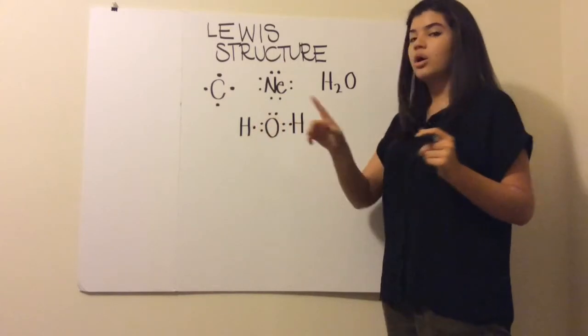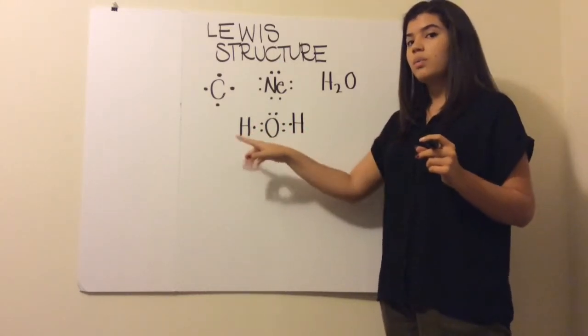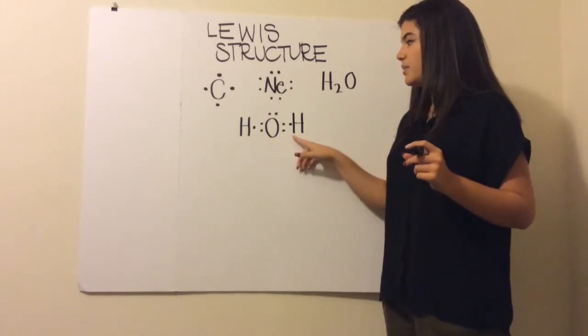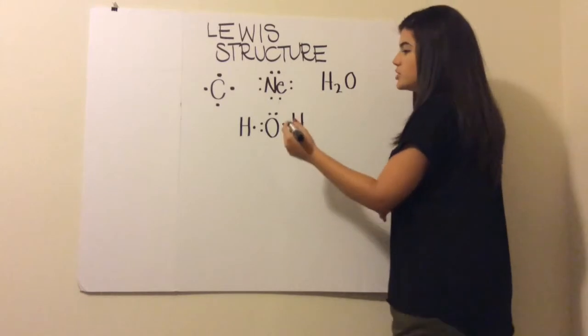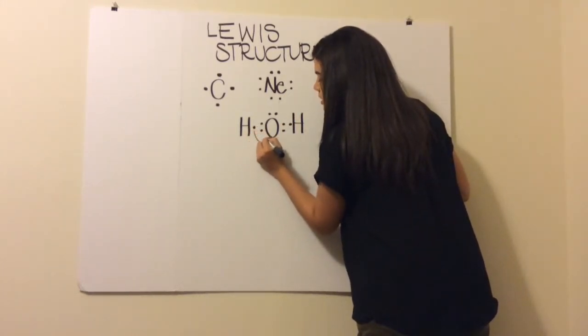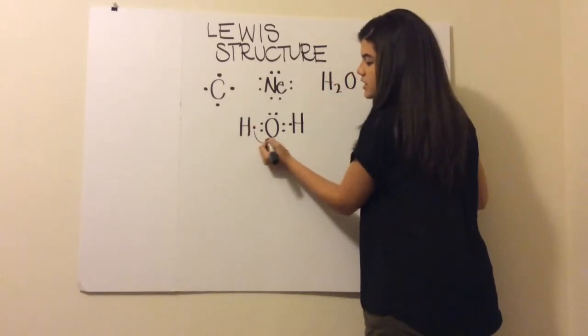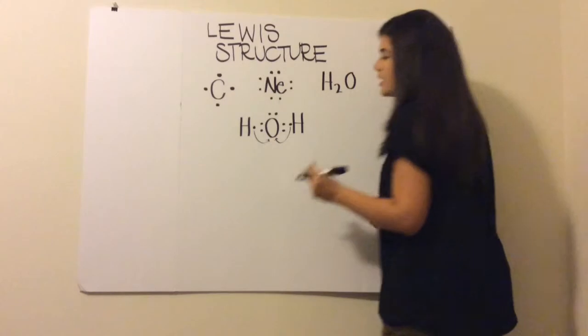All of these atoms want to complete the octet, so what we're going to do is manipulate them around in order to complete the 8 valence electrons. We're going to move this valence electron here, move this valence electron here.